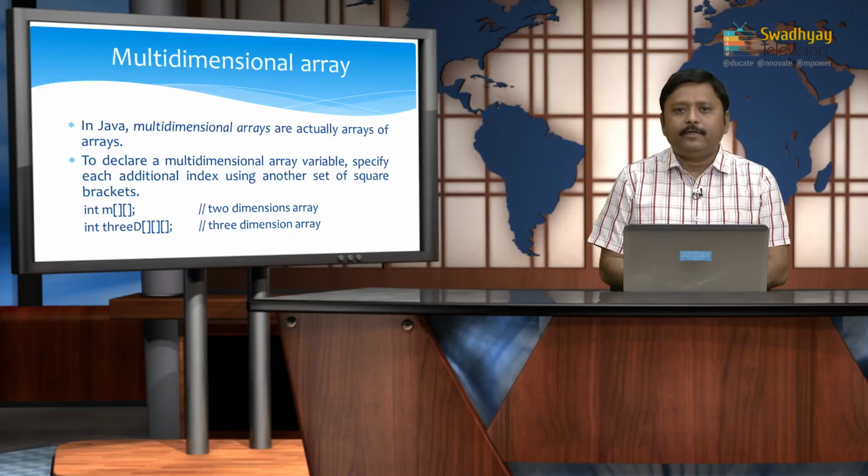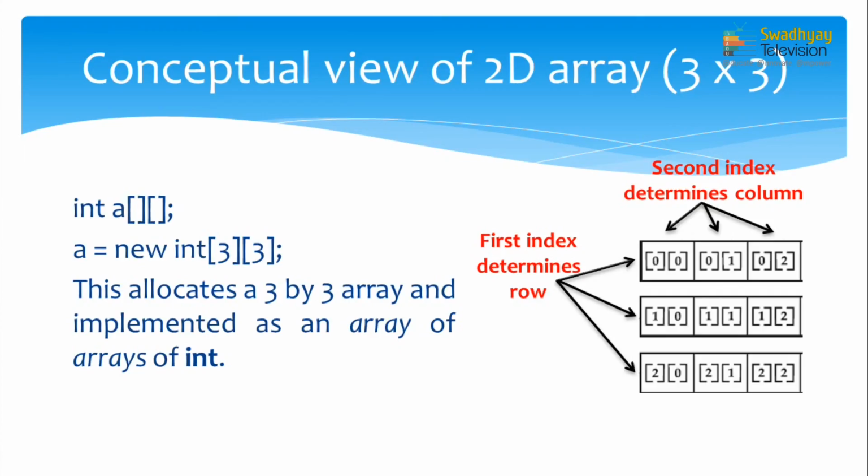Now, we take a conceptual view of a two-dimensional array, that means how to access elements stored inside this two-dimensional array. On screen you can see we have one integer two-dimensional array A, and these two square brackets indicate that it is a two-dimensional array. Next, we allocate memory for this.